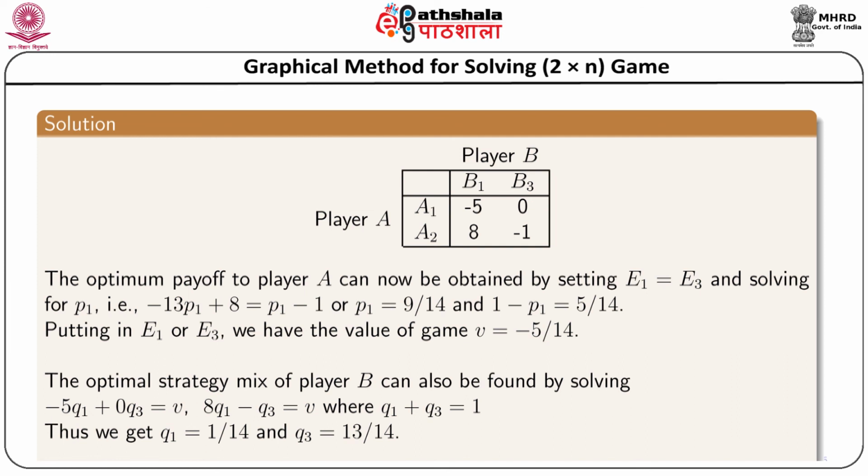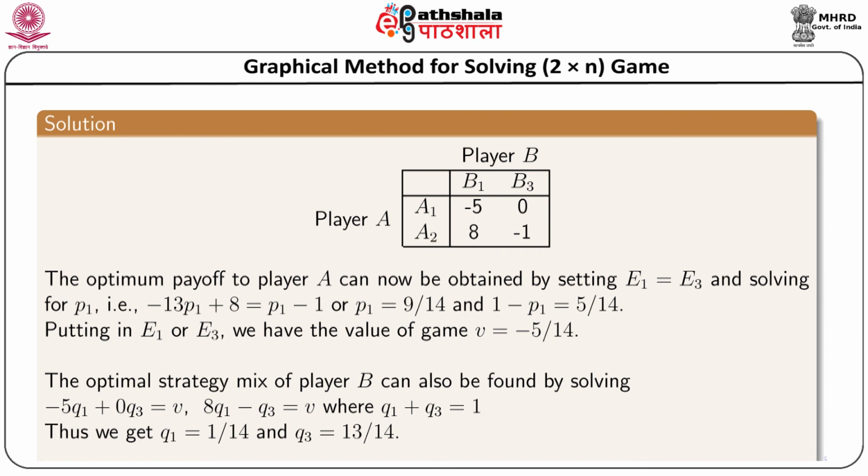Thus, we get a 2 by 2 game, and since this 2 by 2 game has no saddle point, we will find the mixed strategies. For this, we assume the probabilities for the strategies A1 and A2 of player A as P1, P2, and for the strategies B1 and B3 of player B with probabilities Q1 and Q3.